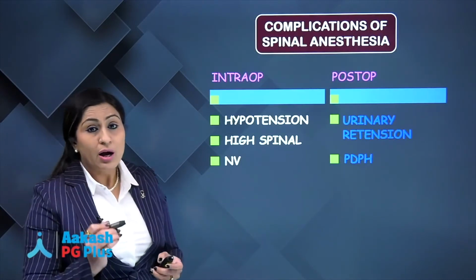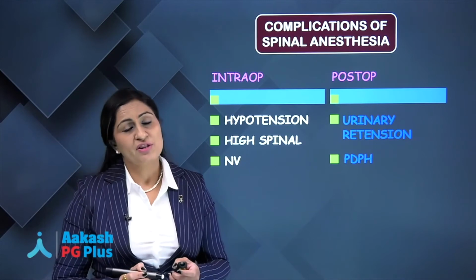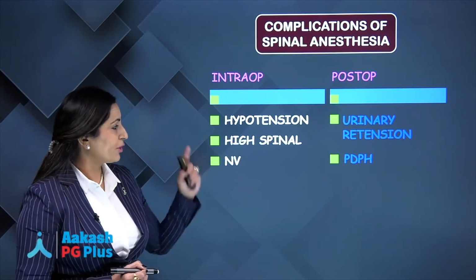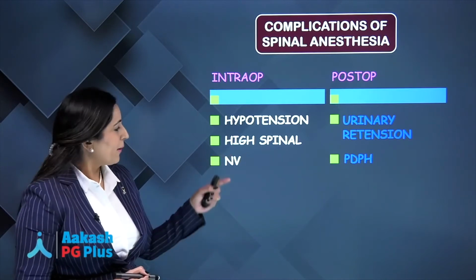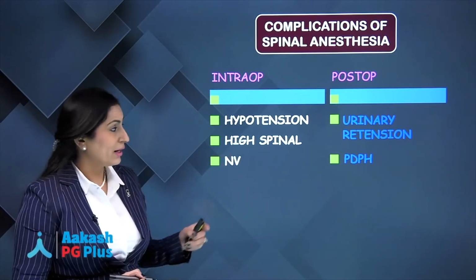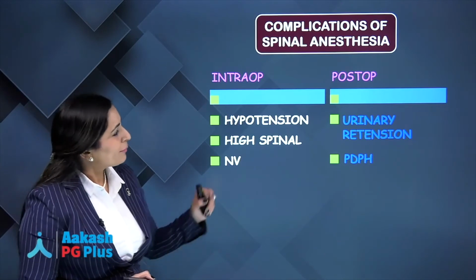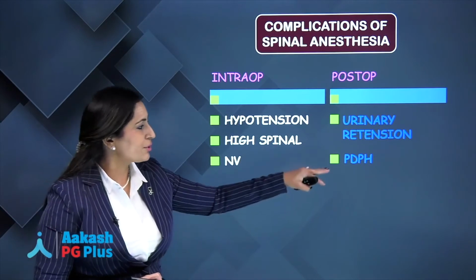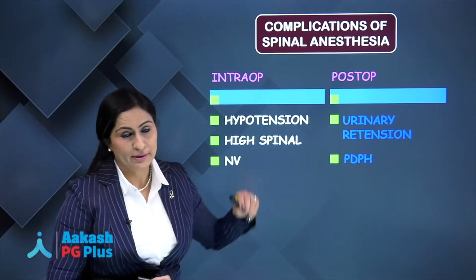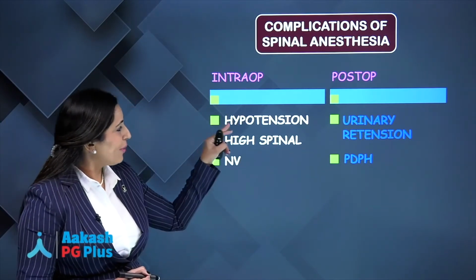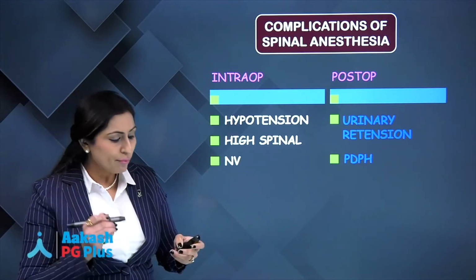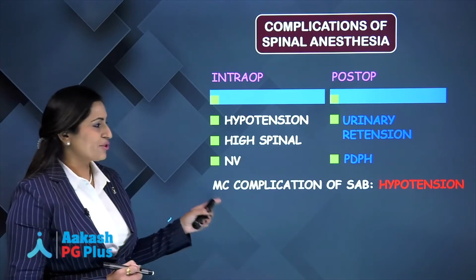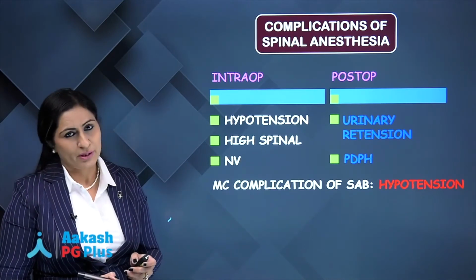Coming to what are the complications of spinal anesthesia. Intraoperatively: hypotension, high spinal, nausea, vomiting and also bradycardia. Post-operatively: urinary retention and post-dural puncture headache. So I would say hypotension is the most common intraoperative complication of subarachnoid block, right?